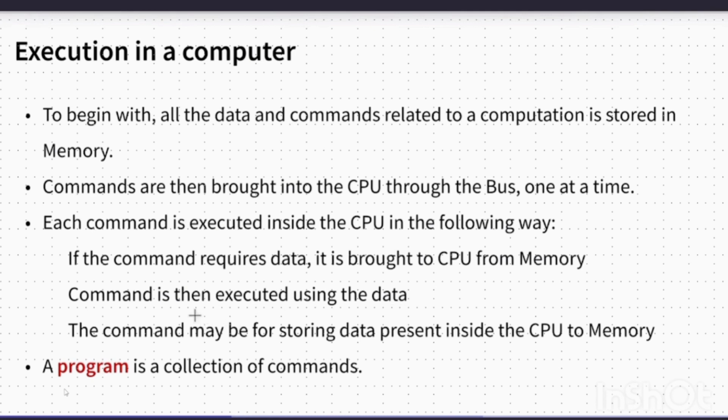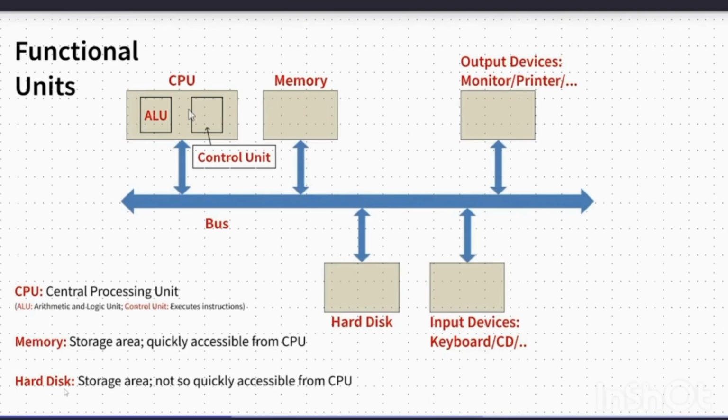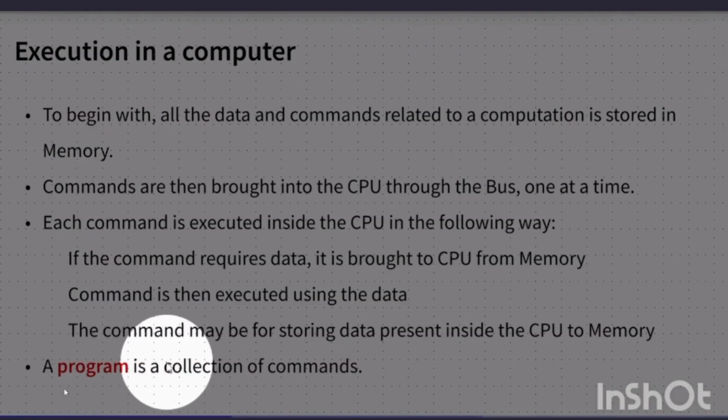The command is then executed using the data. The command may also be for storing data present inside the CPU. And we all know that a program is simply a collection of commands.